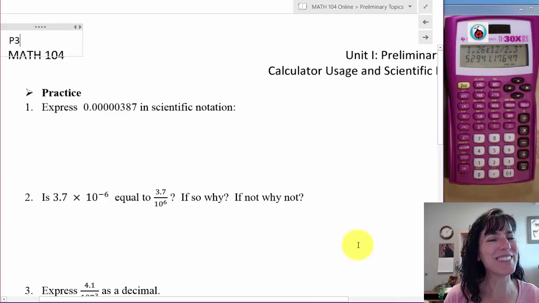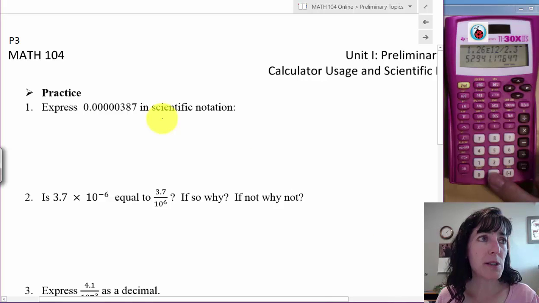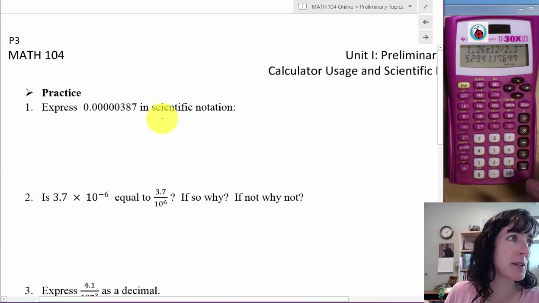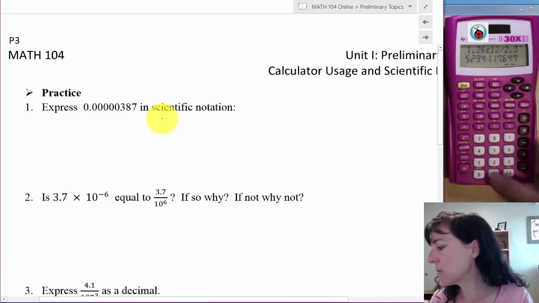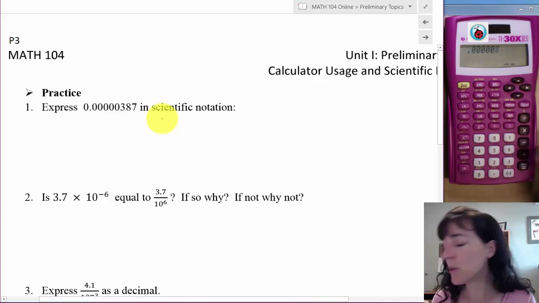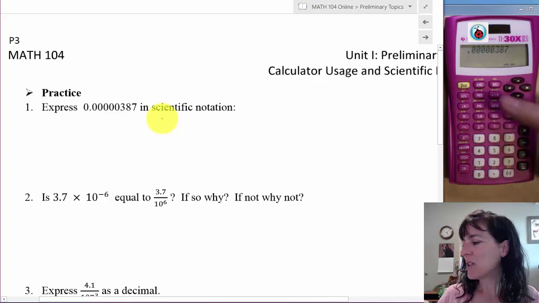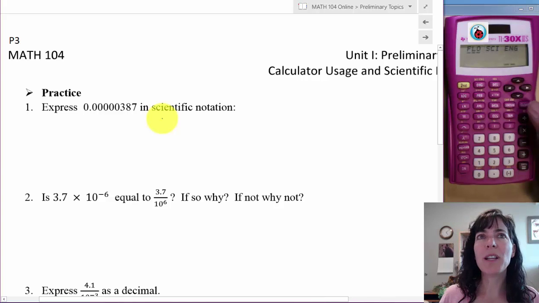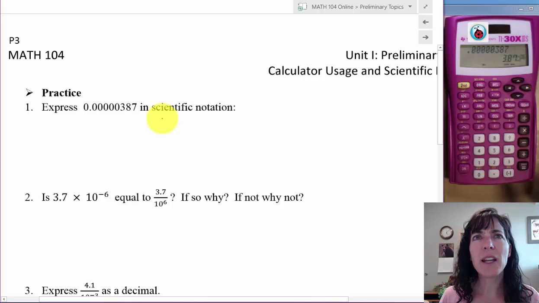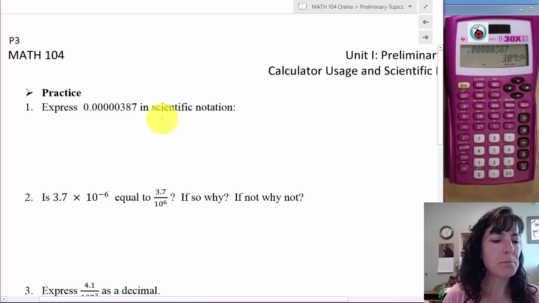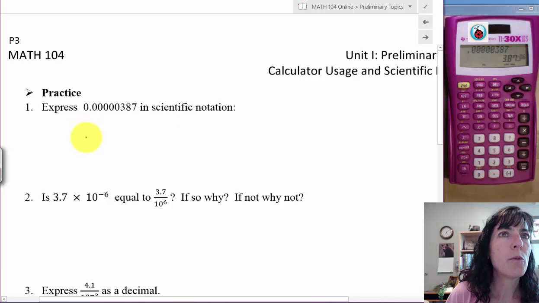So make yourself learn. I want to put this into scientific notation, so I'm counting the decimals: 2, 4, 5 zeros, 0.1, 2, 3, 4, 5 zeros, and then 387. I want it in scientific notation, and so I'm going to convert it here to scientific and enter, and then it's showing me 3.87 times 10 to the negative 6th.